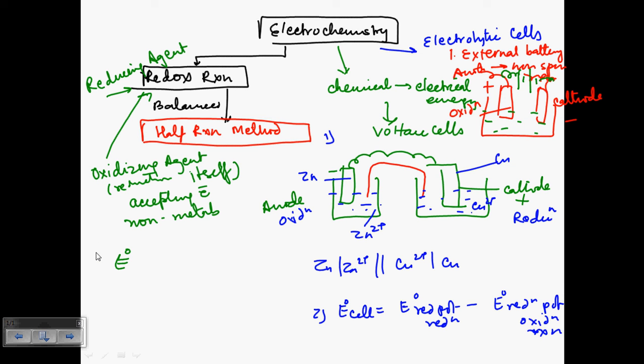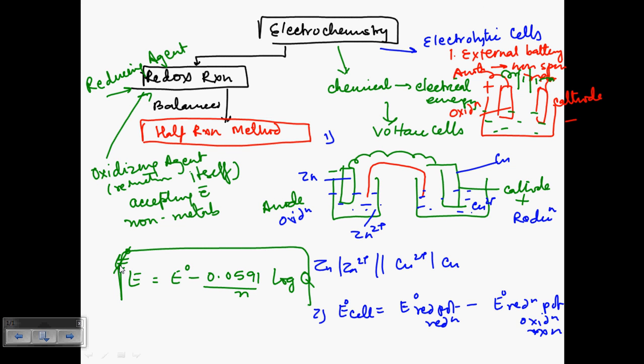This is again using the Nernst equation to calculate cell potential under changed conditions. And the Nernst equation goes like this. It is E equals E0 minus 0.0591 over n log of Q.